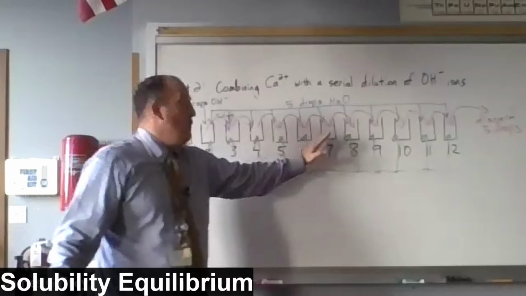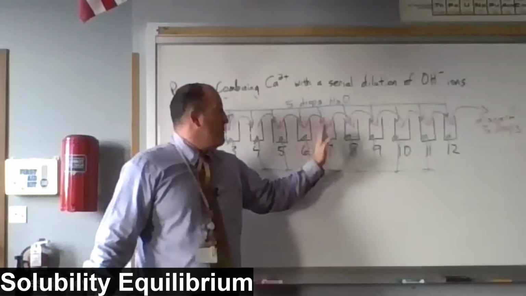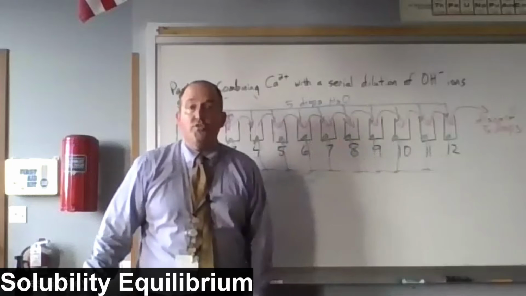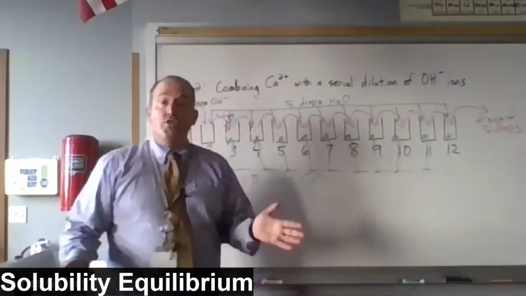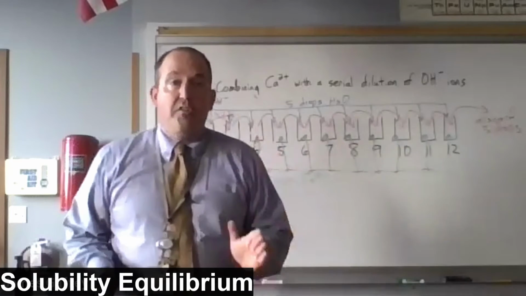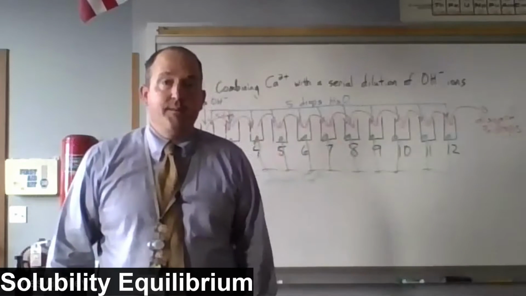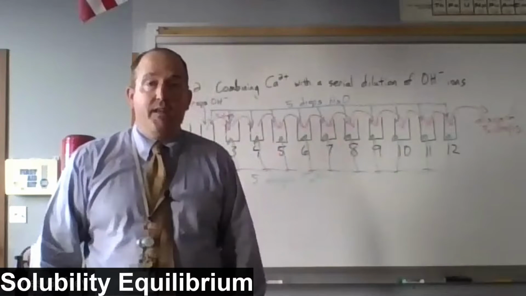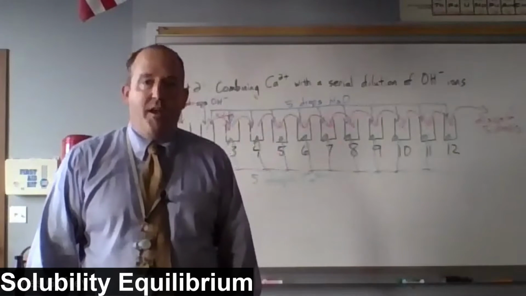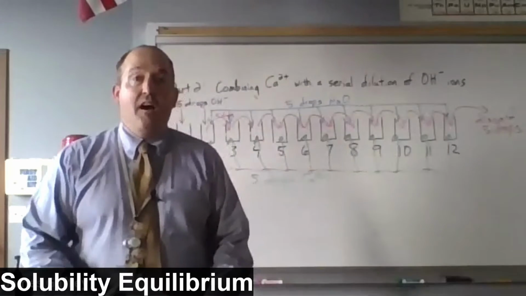By well 7, I'd say unlikely to see a precipitate. By well 8, 9, and so on, a very low chance of a precipitation occurring. Your job is simply to note the first well that does not show a precipitate. And based on the data we collect, we'll be able to calculate a Ksp value for calcium hydroxide. Let's see how the data turns out.